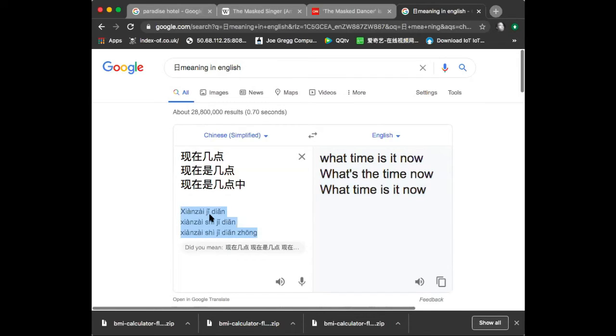We're saying 现在几点? It's what time is it now? That's the translation on the first line. And then the second line, 现在是几点? That's what's the time now. And then we also have 现在是几点钟, which is also what time is it now. So you can hear people ask all these ways. It's still the same thing. So you can pick whichever works for you.